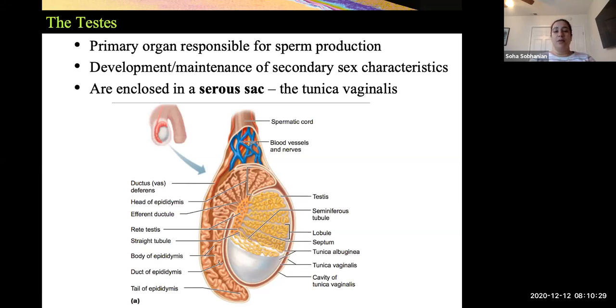So we have a serous sac, which is that double membrane, in terms of the testes as well. And in this case, it's called tunica vaginalis. You can see the double membrane as this yellow kind of cream color. You have the outer layer and you have the inner layer. That's your double membrane, which is the serous sac, specifically called tunica vaginalis.